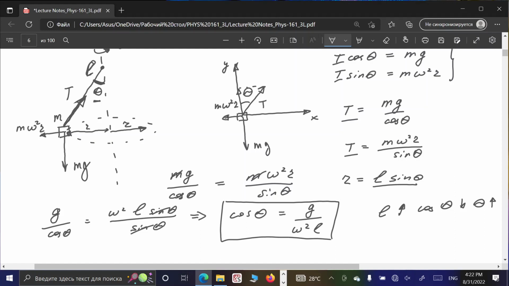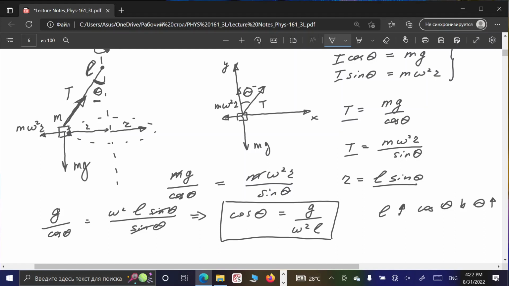So in this case, of course, angular velocity is the parameter which defines the features of the system the most. So if we increase angular frequency by a little bit, we see quite a dramatic decrease in cosine theta, and that will result in a dramatic increase of angle theta.